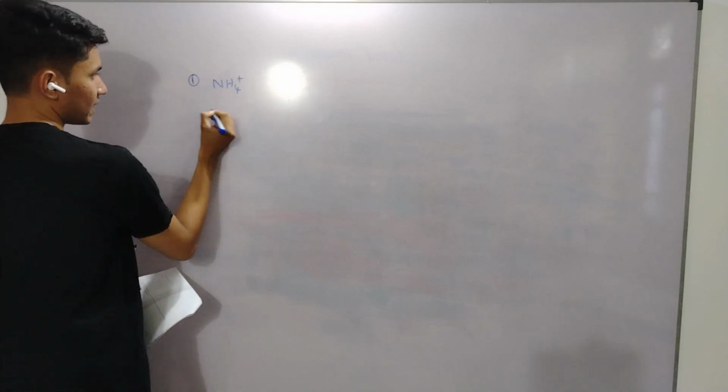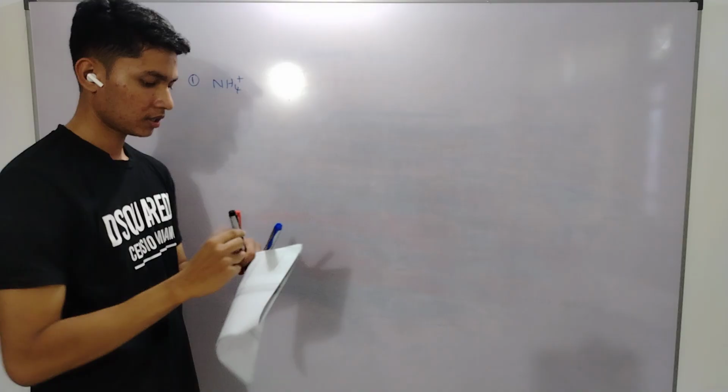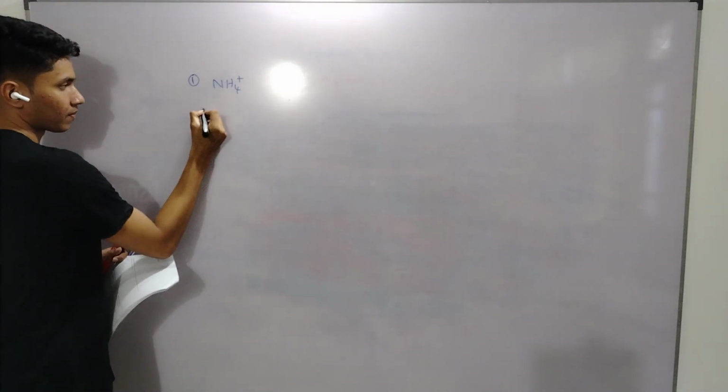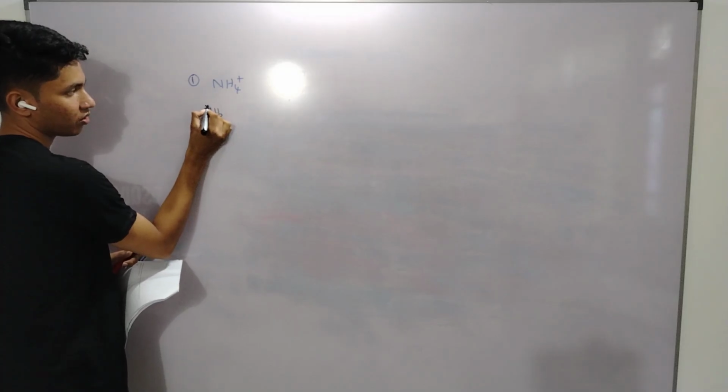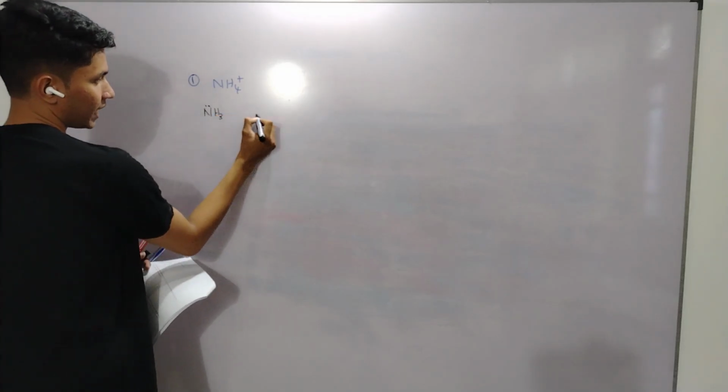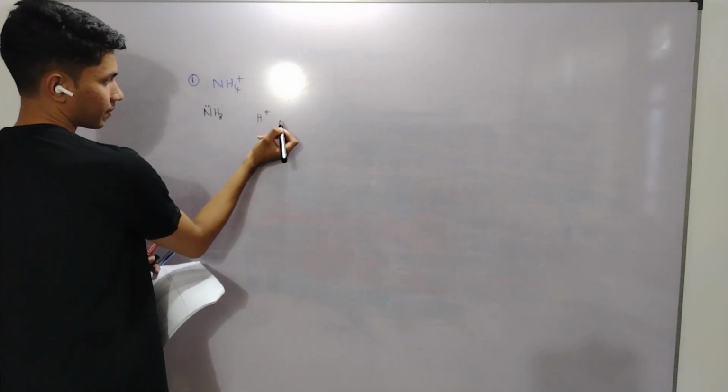NH4 plus. So, how is it formed? We have ammonia, NH3. We know the nitrogen has a lone pair. It is donated to an H plus.